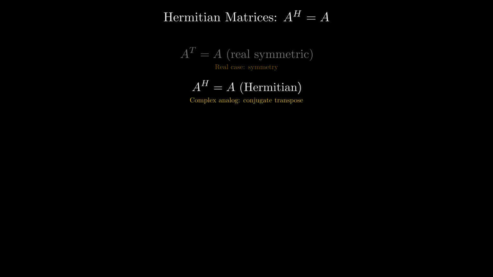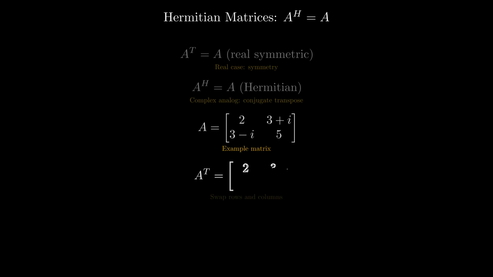Now let's generalize symmetry. In the real case, a matrix is symmetric when A transpose equals A. The complex analog uses the conjugate transpose. A Hermitian matrix satisfies A superscript H equals A. Let's see this with an example. Take A to be the 2 by 2 matrix whose first row is 2 and 3 plus i, and whose second row is 3 minus i and 5.